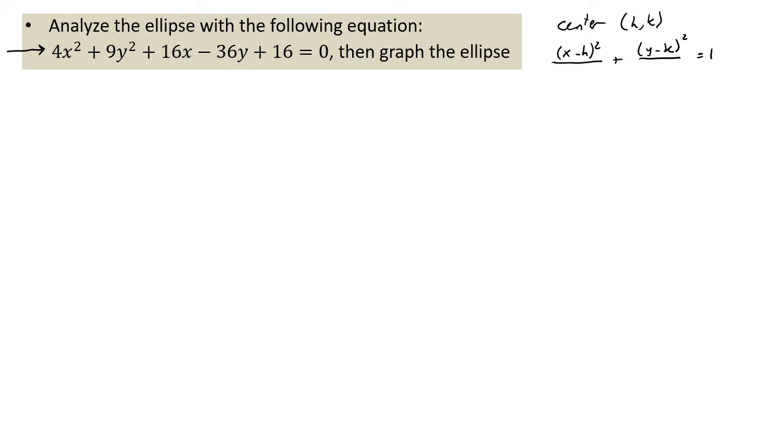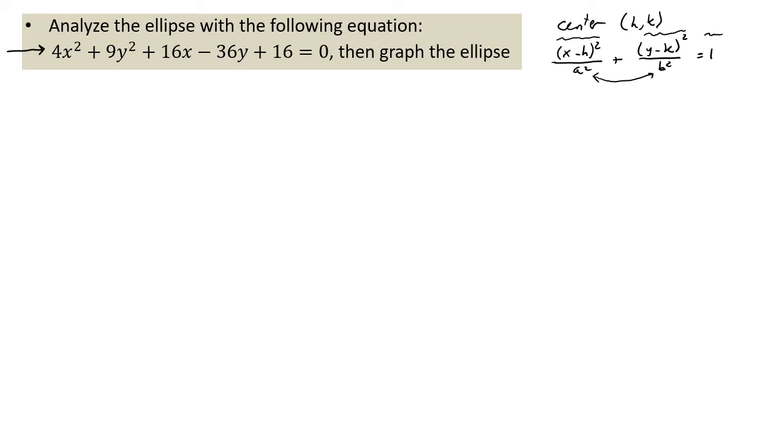Now, depending on whether its major axis is horizontal or vertical, you'll have a squared and b squared here, or they can be switched. But in any case, the general equation is going to have a complete square with the x and a complete square with the y, and it also has to have 1 on the other side.